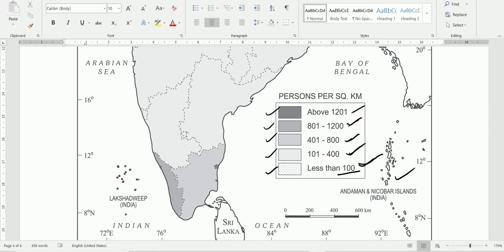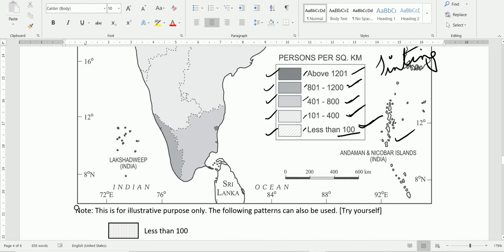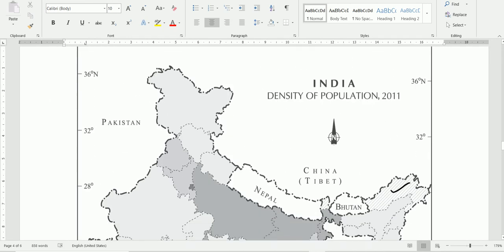That is what we call tinting. For example, if you have selected blue, then light blue, then dark blue, more dark blue, like this. The density may increase, and that is called the tinting method.